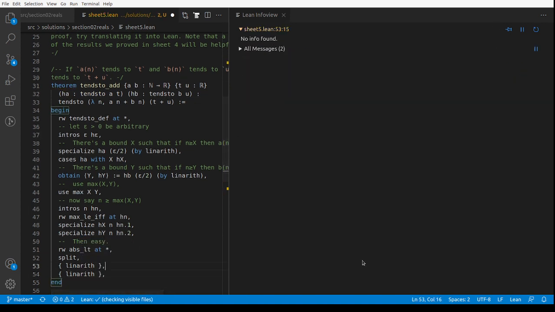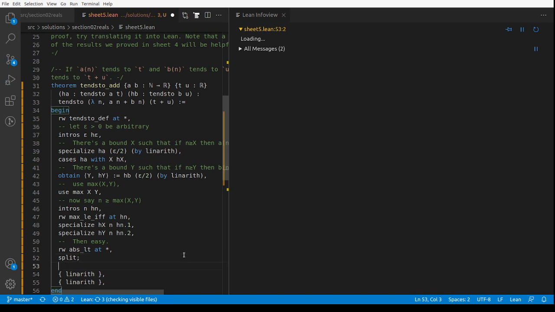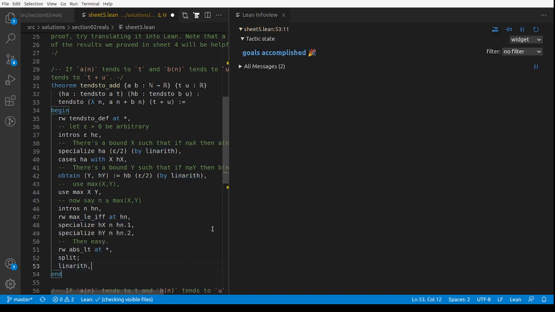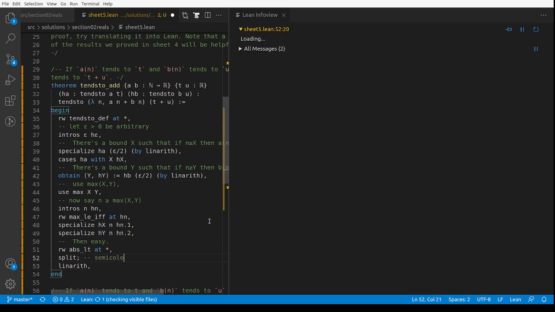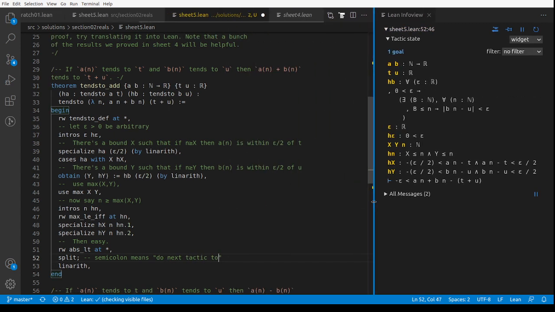There. And in fact, we did split, and then we did one tactic that solved both goals already. So you could do split semicolon linarith. That should do it. There we go. So that semicolon means do next tactic to all the goals produced by this tactic.